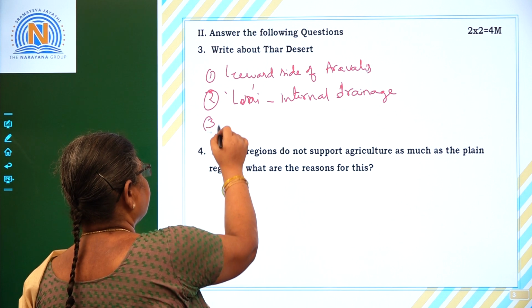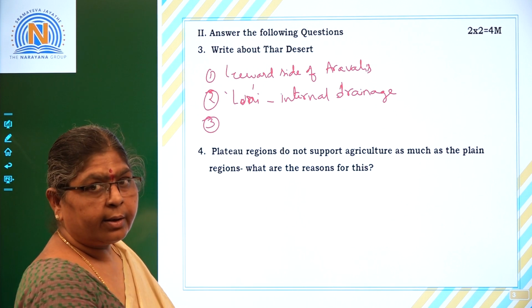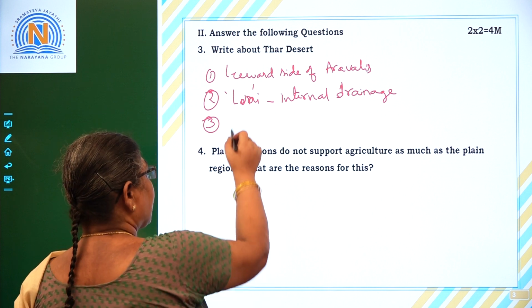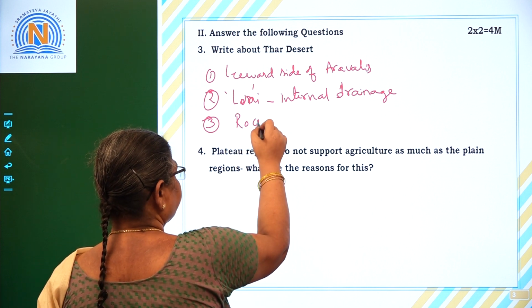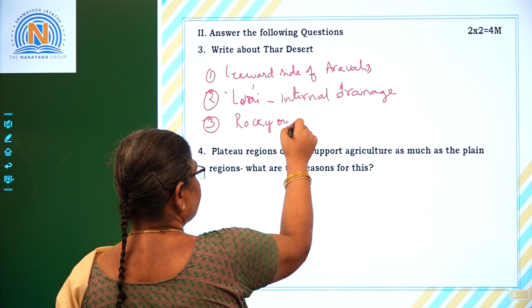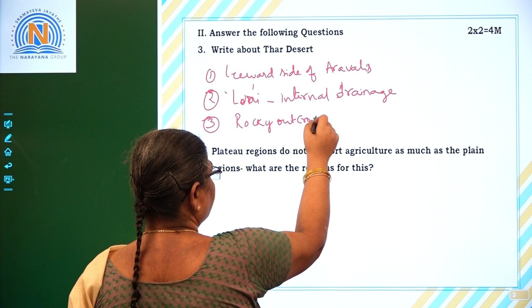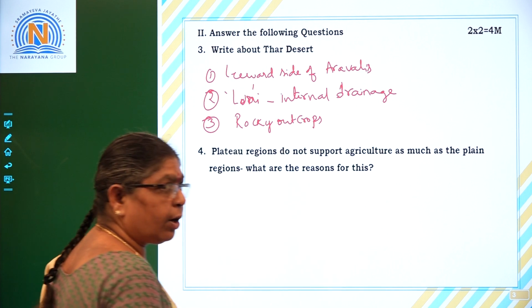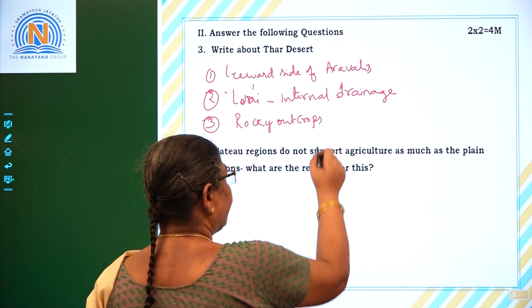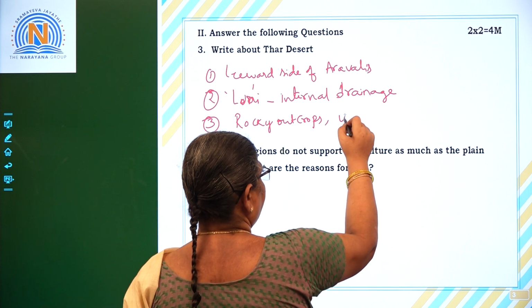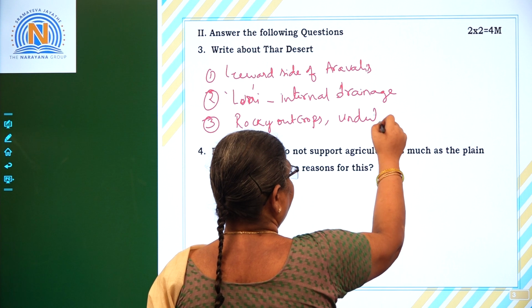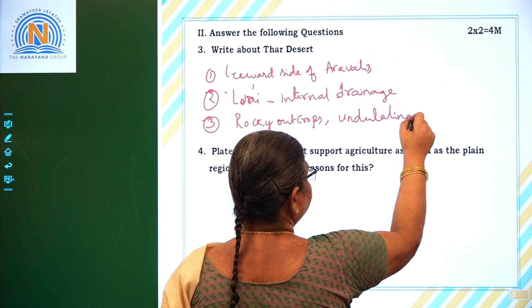Okay. And this particular Thar Desert has rocky outcrops, no vegetation, and these rocky outcrops with undulating sand dunes, meaning not level ones but having ups and downs.